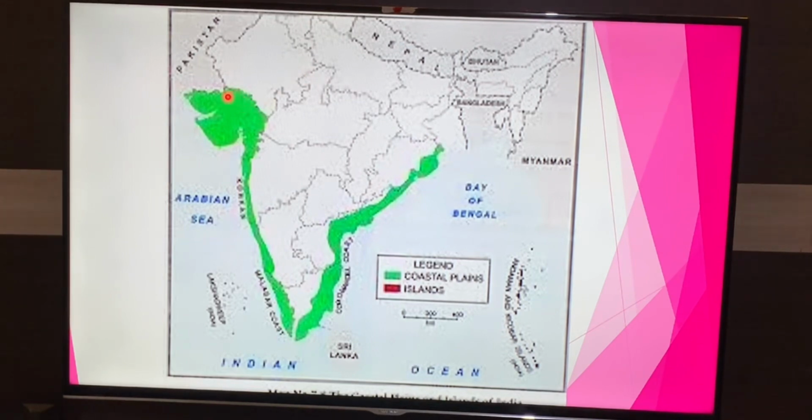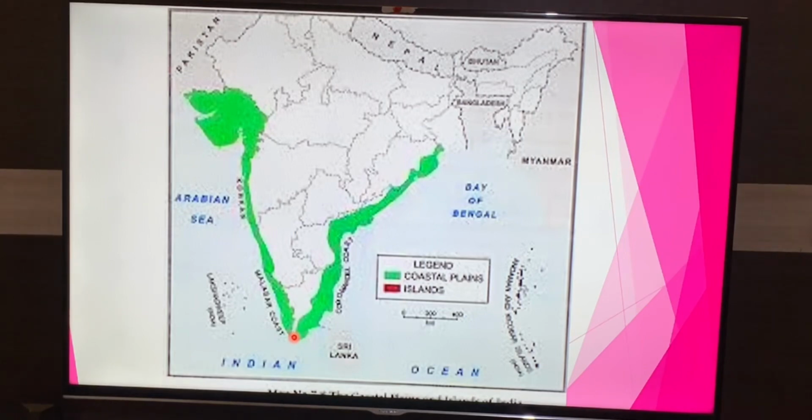Western Ghats extend from Rann of Kutch to Kanyakumari. Eastern Ghats extend from Mahanadi Valley to Nilgiris. The place where Western Ghats and Eastern Ghats meet is Nilgiri.